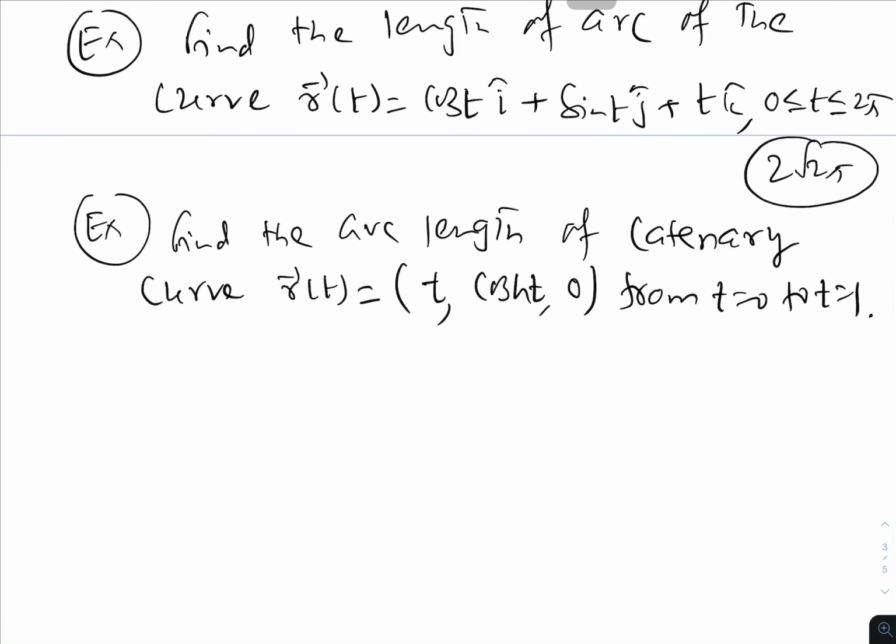Here you have to use one formula of hyperbolic functions, and that is nothing but cosine hyperbolic squared t minus sine hyperbolic squared t equal to 1. I think that formula you need to use.